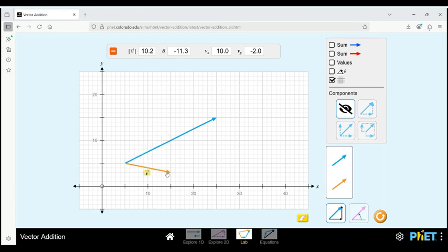I could have this vector go down here, then add another one that goes over here, another that goes down over here, and another that goes over here like this. As long as they start and end in the same place, they are equal to one another in terms of vector addition. So the single blue vector is equal to these four orange vectors.